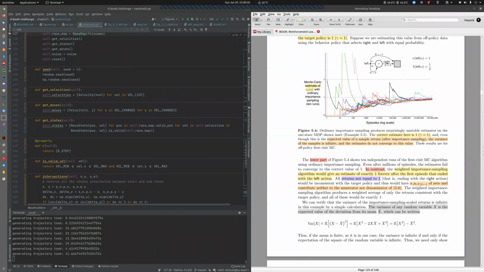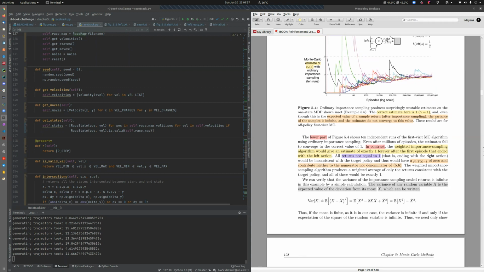If it's consistent, weighted importance sampling produces only the returns consistent with the target policy, and all of those will be exactly one. But that's not the case here because of the variance. Please feel free to interrupt me in case of any queries.